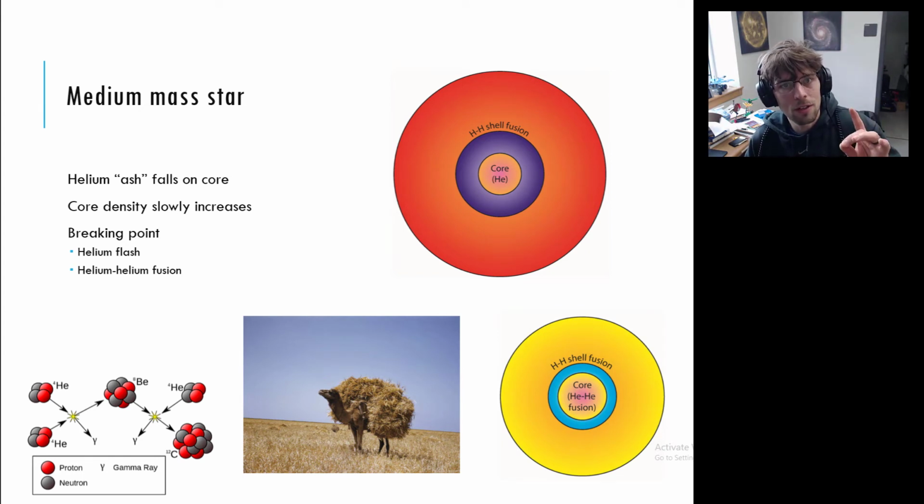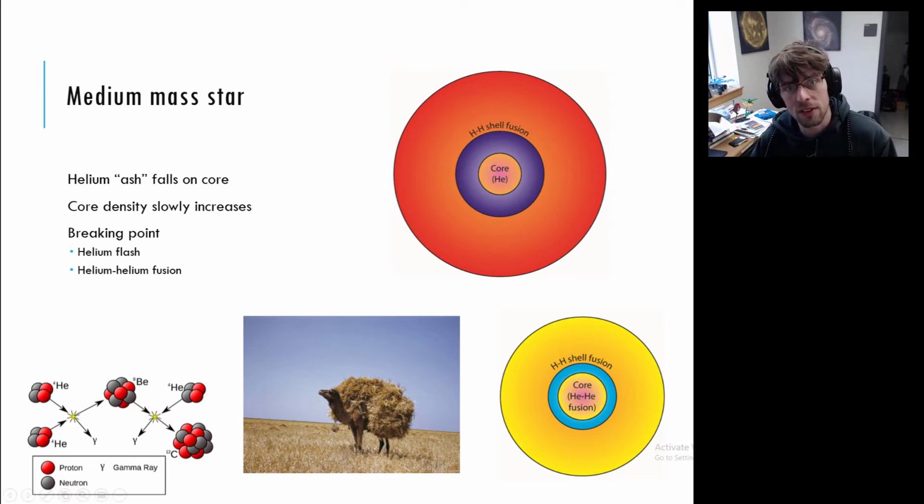If the shell temperature goes up, and I'm talking right now about the hydrogen-hydrogen shell, what happens to the physical size of that shell? It expands. And if the physical size of that shell expands, what happens to the fusion rate in that shell? It goes down.